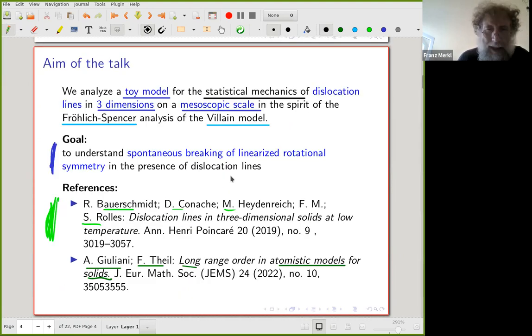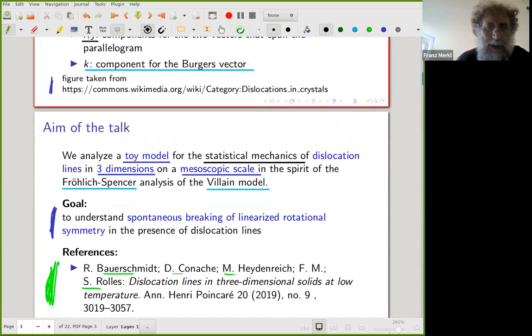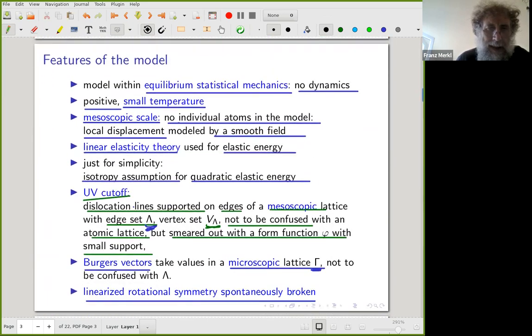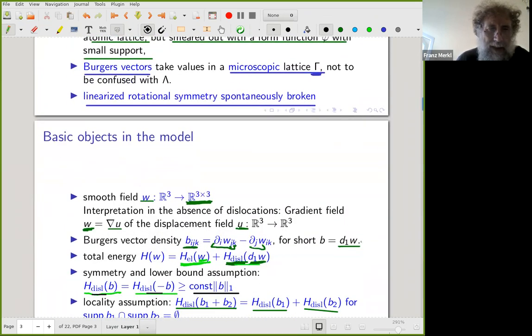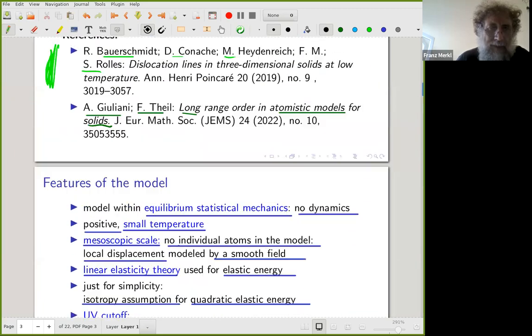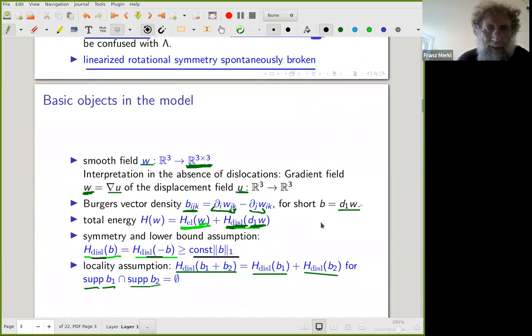So more or less everything changes and actually becomes simpler in two dimensions, because here this whole curl field is then in one dimension lower.